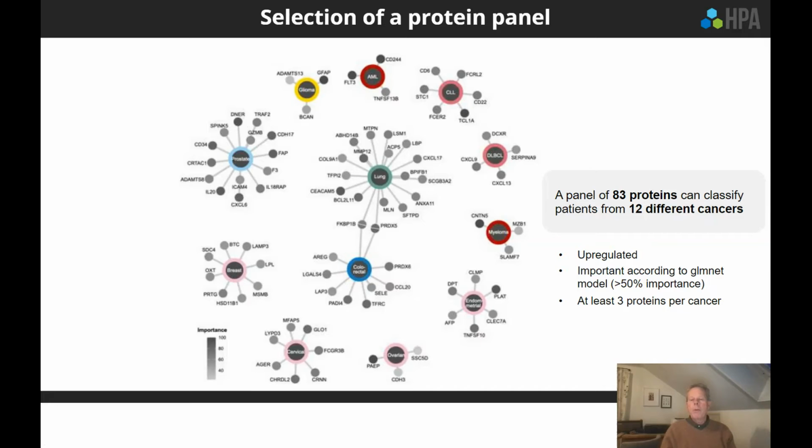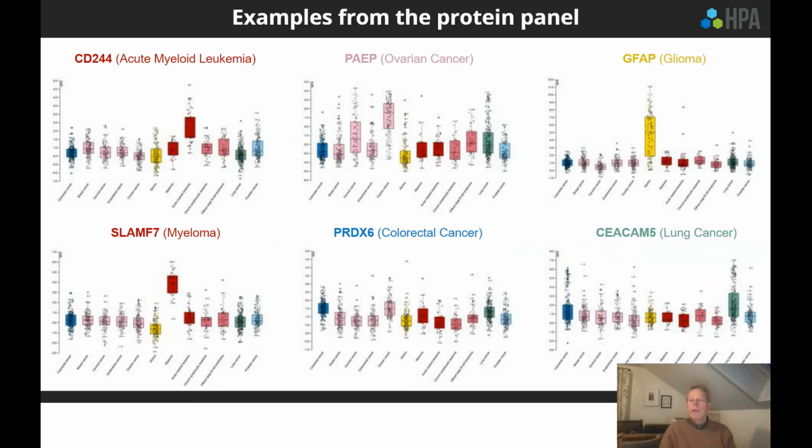And I should point out that the big, very frequent cancers are all included here: lung cancer, prostate cancer, colorectal cancer, and breast cancer. And this you can also see if you go to the website; you can click on these and see the results for each one of them. I'll come back to this.